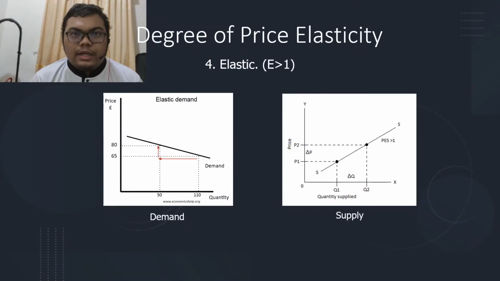Number 4, elastic, when elasticity is greater than 1. As we can see here, the curve is sloping. This is because the percentage change in price is smaller than the percentage change in quantity demanded and quantity supplied.